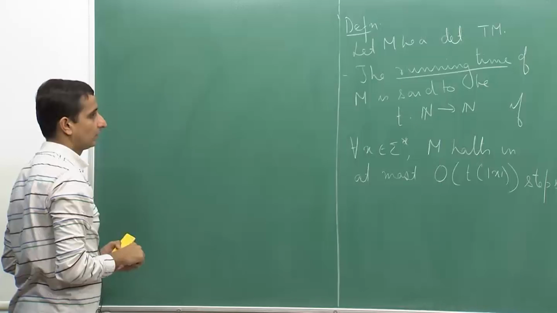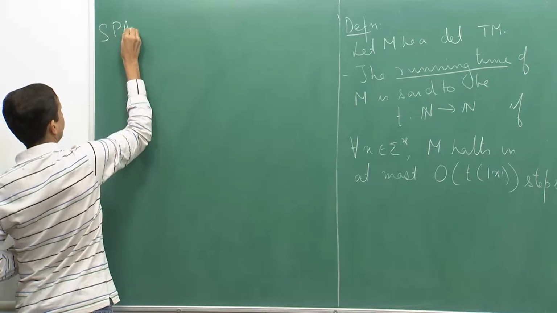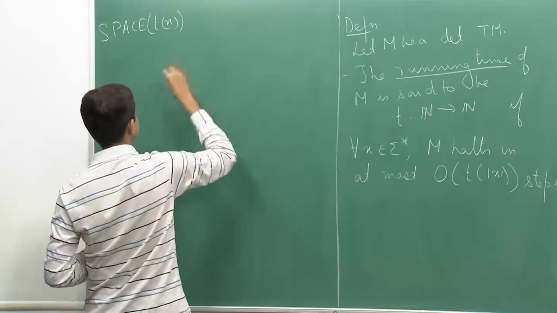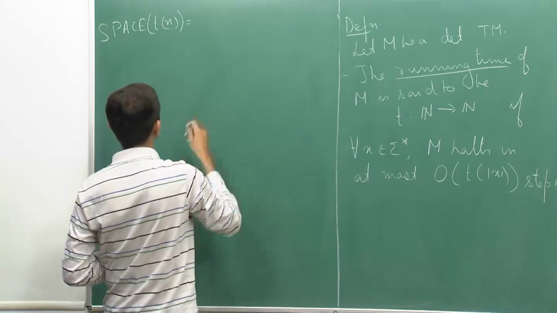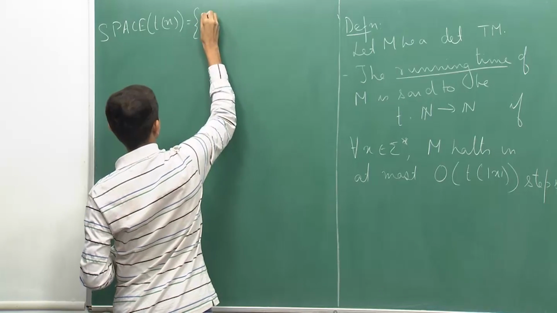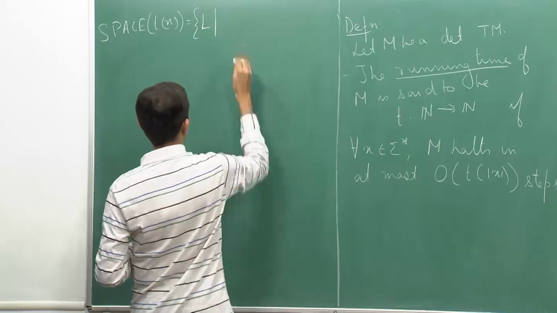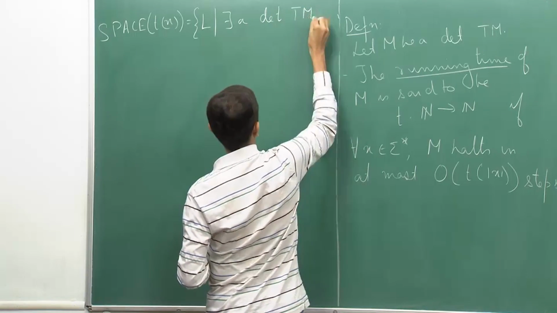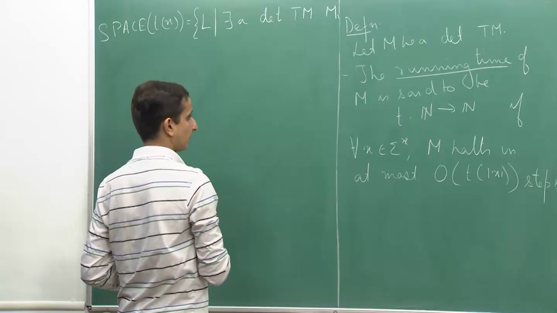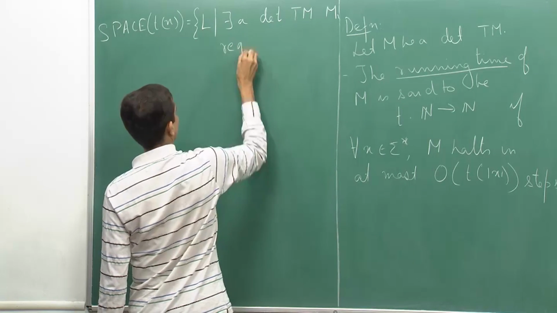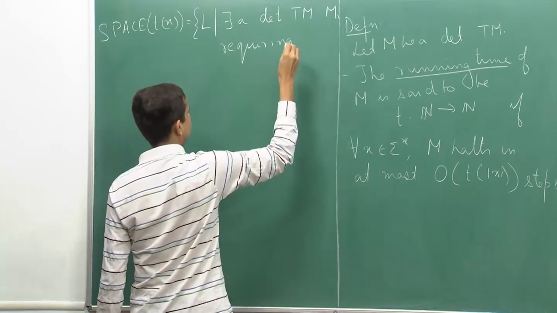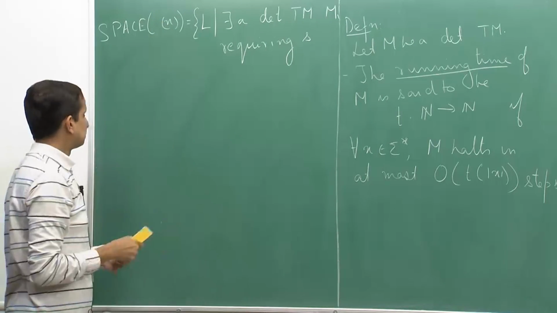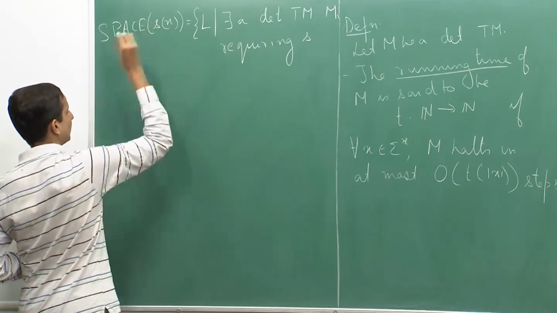Similarly, for space also we define SPACE s of n as the class of languages L such that there exists a deterministic Turing machine M requiring, for space, let me use for more clarity the function small s of n. Okay.